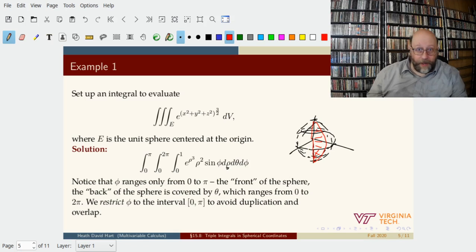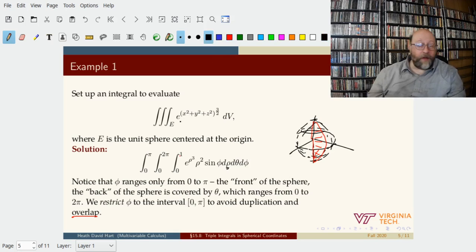And again, if I took the front and back of the sphere when I was counting phi, and then tried to rotate that all the way around, then I would end up overlapping it but at the halfway point. So that's why we don't want this to go to 2 pi. It avoids overlap. And then the radius goes from 0 to 1.